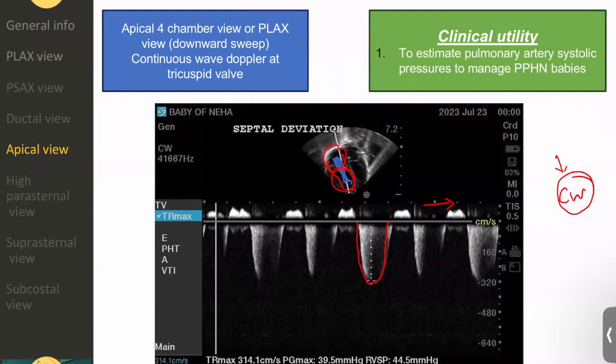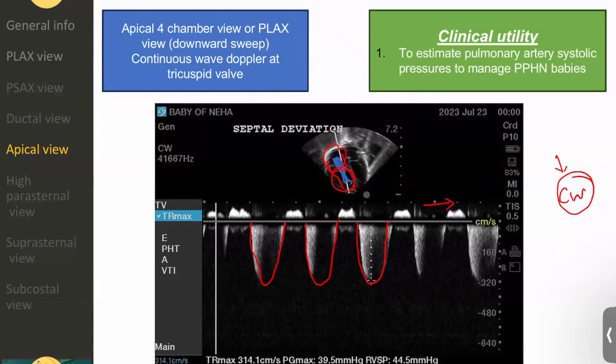So you see a blue jet, and when you see a blue jet, you put the continuous wave Doppler, and then you get this kind of circular waveform. I should have got it fully, but sometimes you are not able to get it fully. So then you estimate how much the pulmonary pressure is.